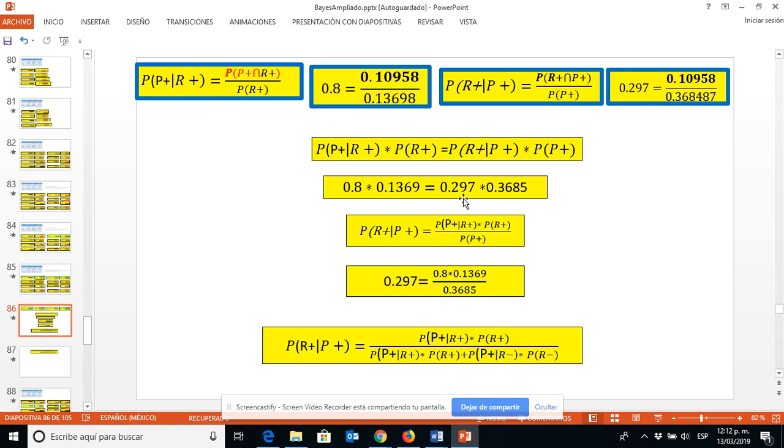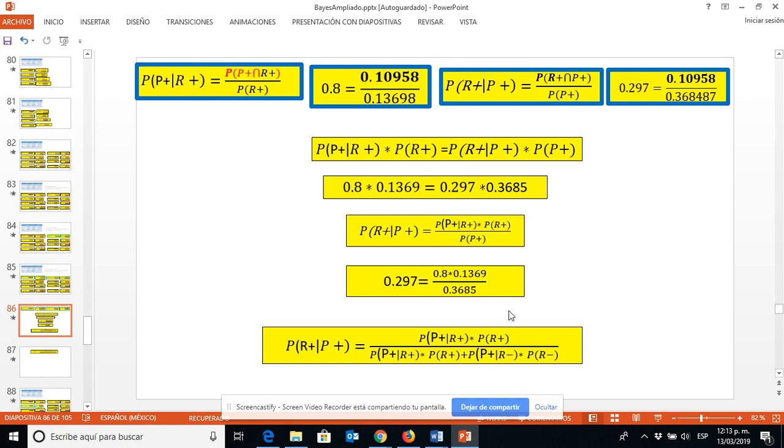And 0.297 multiplied by 0.3685 equals also 0.10958. You can do the math on your own. So we could also say the probability of R plus given P plus equals the conditional probability of P plus given R plus multiplied by the probability of R plus divided by the probability of P plus. We fill out the numbers and we come to the result.